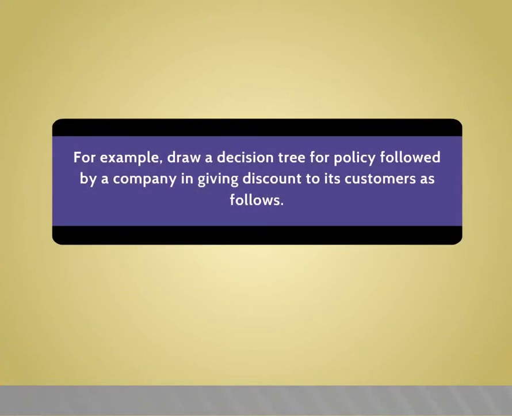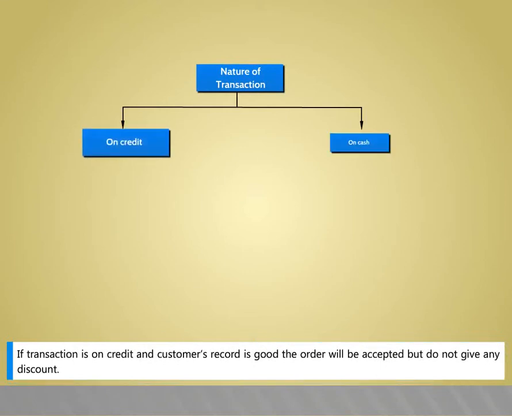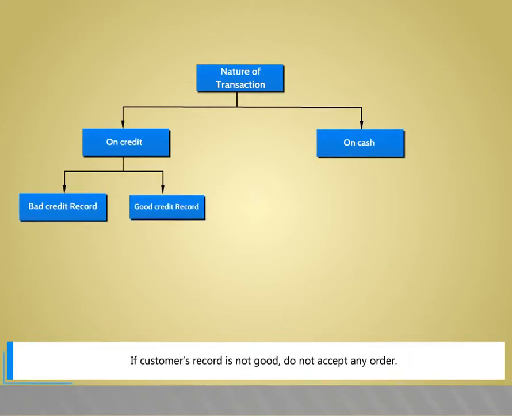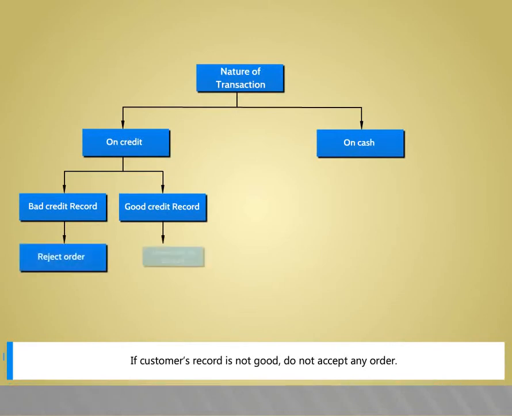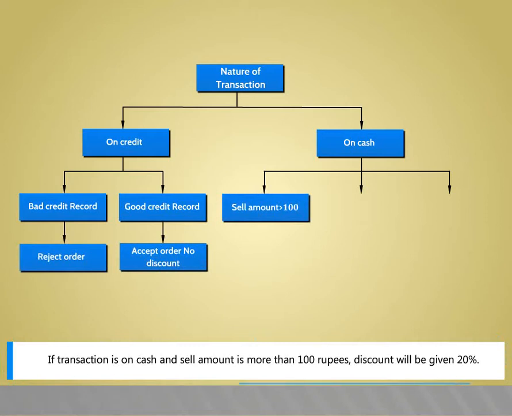For example, draw a decision tree for the policy followed by a company in giving discounts to its customers as follows. If the transaction is on credit and the customer's record is good, the order will be accepted but do not give any discount. If the customer's record is not good, do not accept any order. If the transaction is on cash and the sell amount is more than 100 rupees, a discount of 20% will be given.